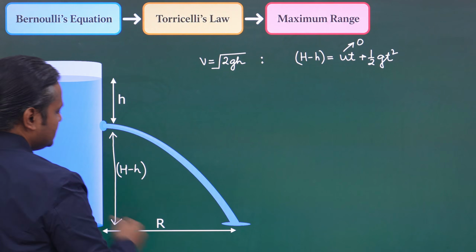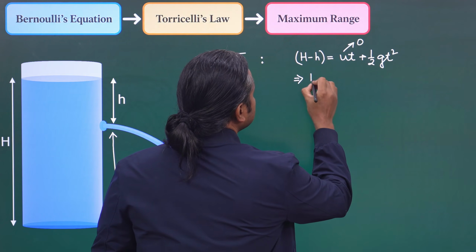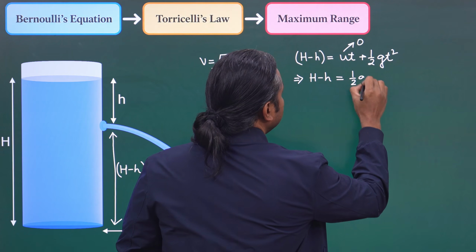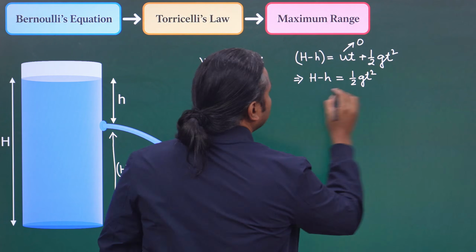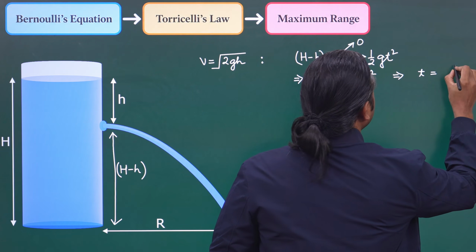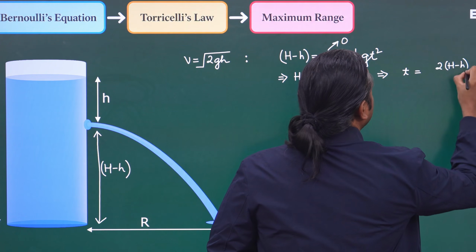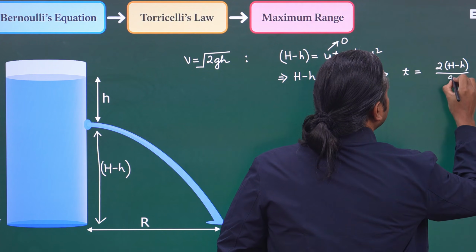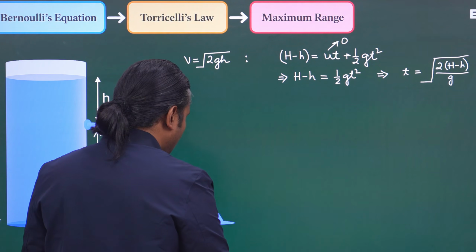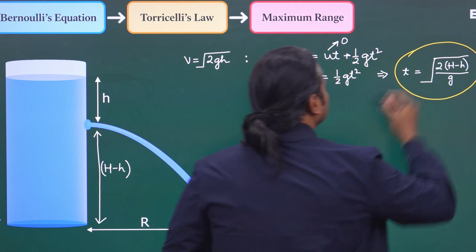So therefore, u is taken to be 0 here. And this expression simply gives us capital H minus small h is equal to half g t square. And therefore, from here I can calculate time. It simply comes out to be root over twice of capital H minus small h upon g. So this is the amount of time it takes for the water column to reach level ground, right?